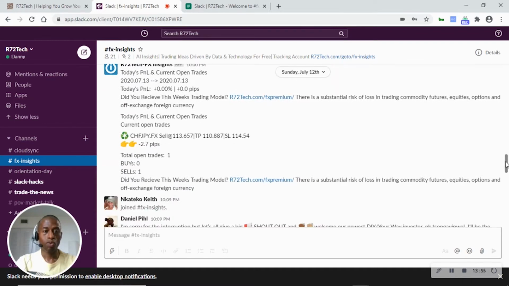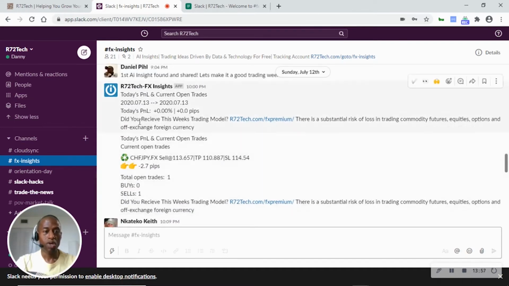Okay, so we're going to back it up a bit here. So right here at 10 p.m. Sunday evening, we have a notice here that says today's P&L and current open trade. So not only are we sharing the AI insights with you, and we're sharing charts with you, and we're sharing it in real time with full details for you to analyze and decide on how you want to act, we're also giving you 4 different updates throughout each day.